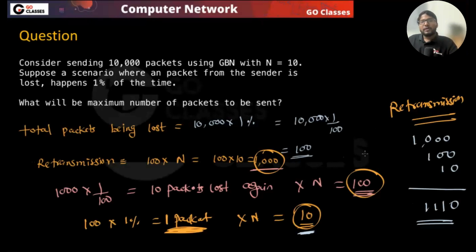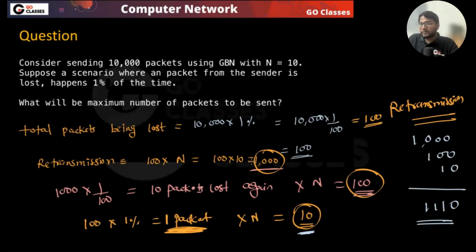Okay, so have you understood this question? 1% of packets will be lost. So there will be 1% of this 10,000, 100 packets will be lost, but not just 100. That is the problem. I mean, 100 into n, 1,000 packets will be lost at maximum, right?